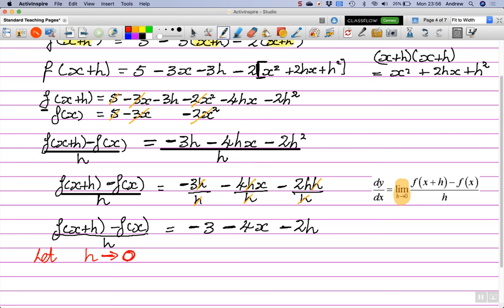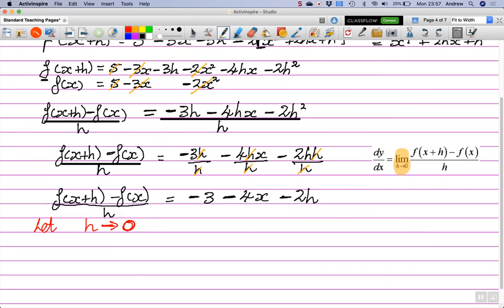Kindly remember, on the left-hand side, if h tends to 0, then the left-hand side now becomes dy over dx. The right-hand side, well, there's no h in this, so it's just minus 3. There's no h in this, so it's minus 4x.